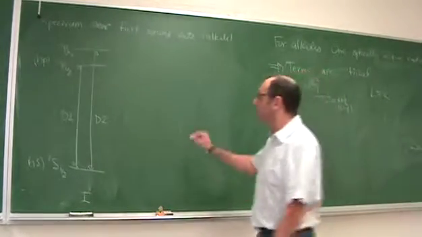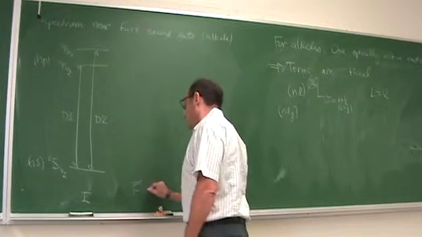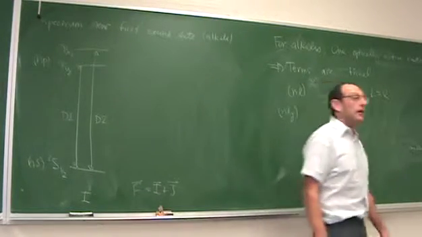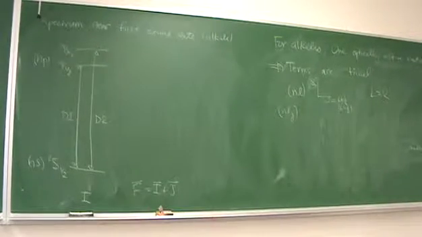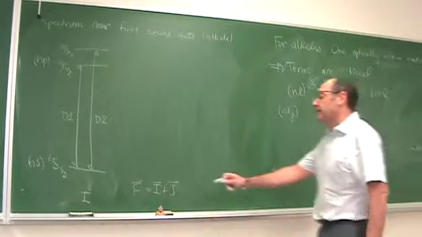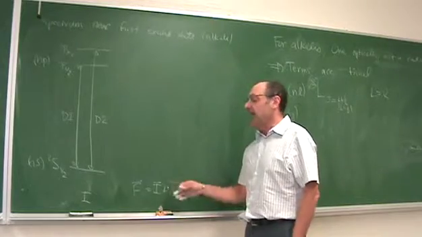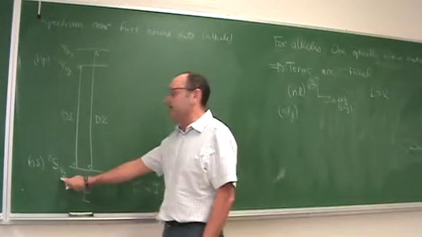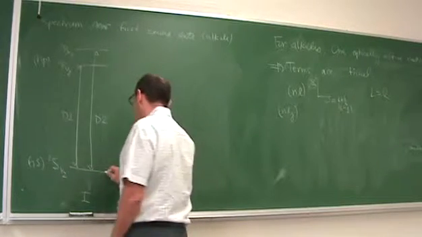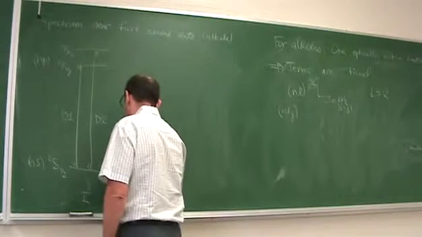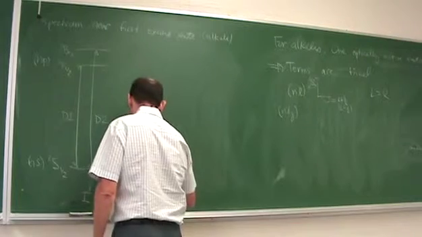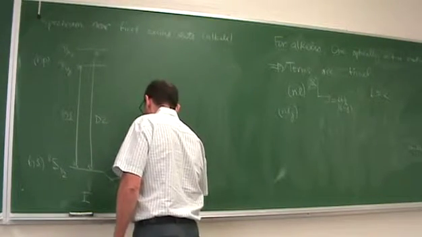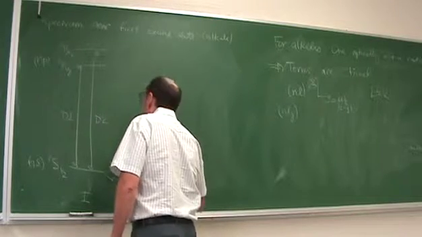F, of course, is equal to the sum of I plus J. And the magnitude of F goes from the magnitude of I plus the magnitude of J to the absolute value of the difference. In this case, J is 1/2, so I can have F equals I plus 1/2 and I minus 1/2.